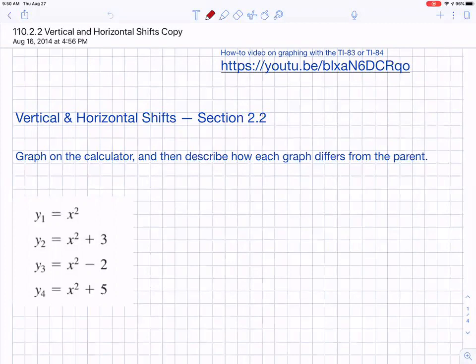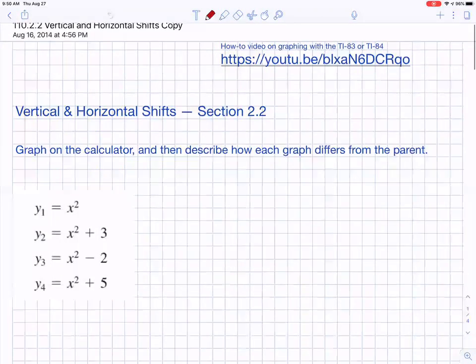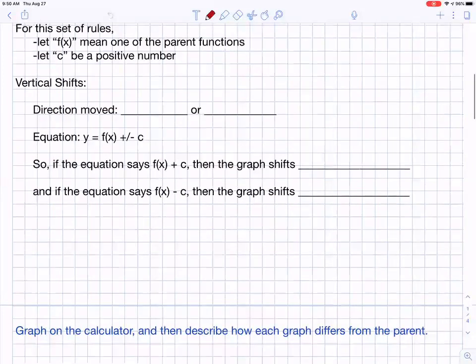Very good. All right, so then go to the next set of rules. So f of x is simply my parent. That's what we're gonna call f of x. And c, for right now, we're just gonna let c be a positive number.